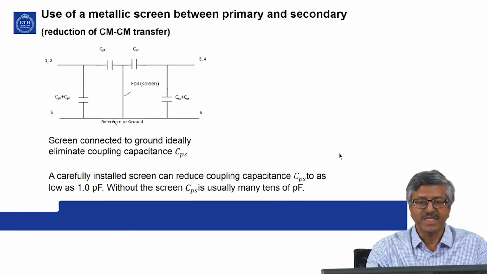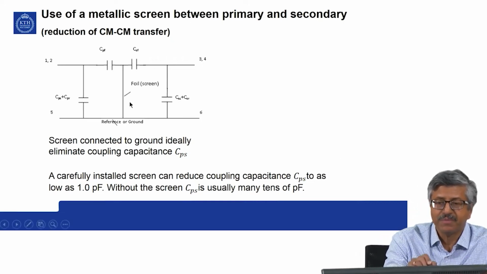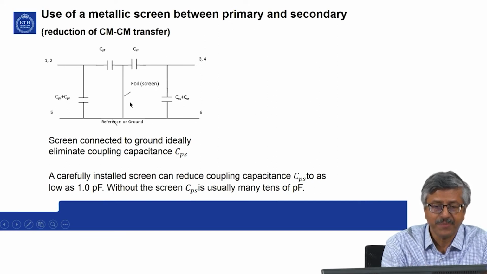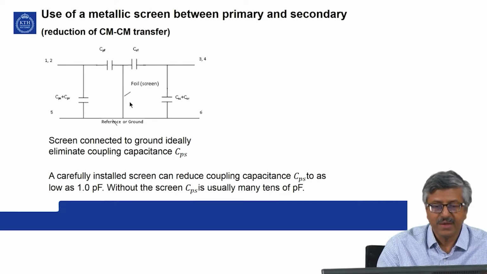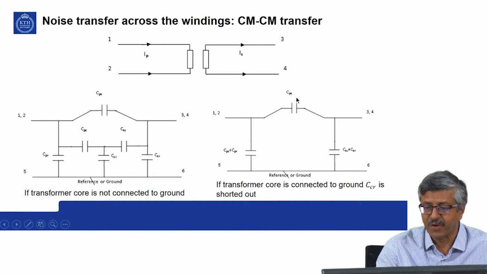Now, use of a metallic screen between primary and secondary reduces common mode to common mode transfer. If a foil is used between the primary and secondary, then this capacitance between primary and secondary can be broken into two halves.